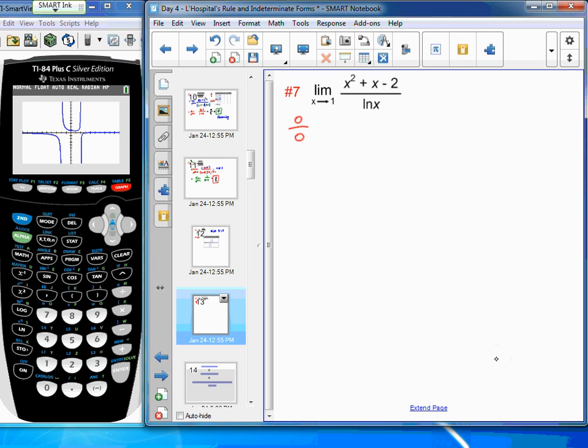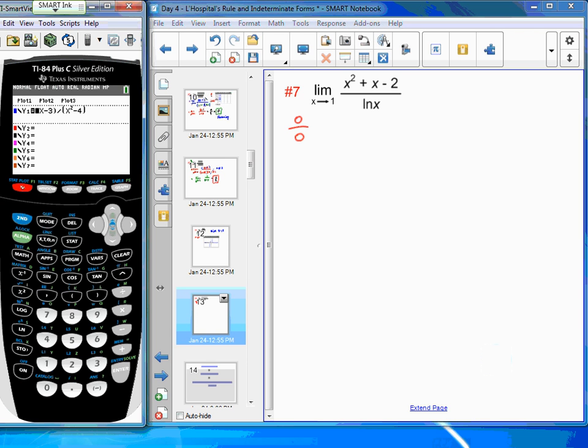In graphs and tables: (x squared plus x minus 2) over natural log of x.